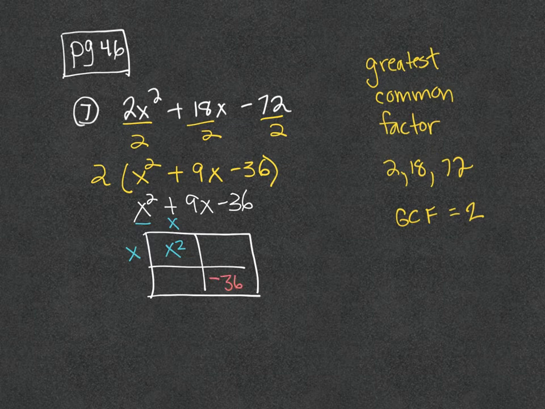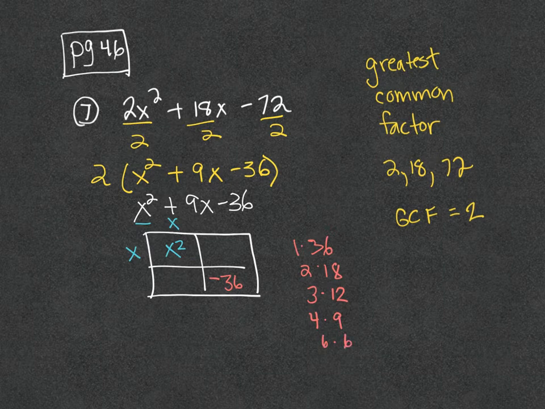And remember that a negative 36 means that I'm going to have one positive and one negative factor. And then I'm going to write down my factors of 36. 1 and 36, 2 and 18, 3 and 12, 4 and 9, 6 and 6.